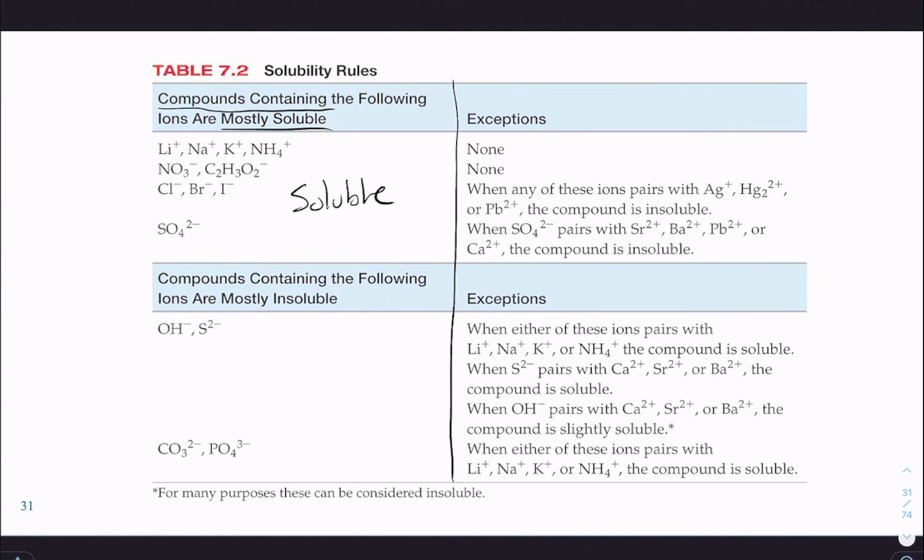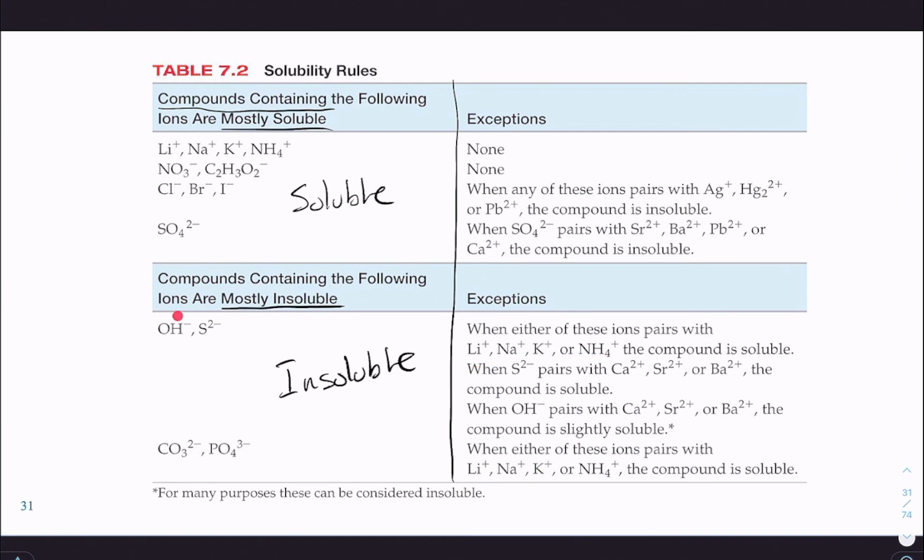Our bottom list is the opposite, where compounds containing the following ions are mostly insoluble, except when they're combined with the exceptions. So if you had a compound that had hydroxide, if it's combined with anything other than these ones, then it's insoluble.